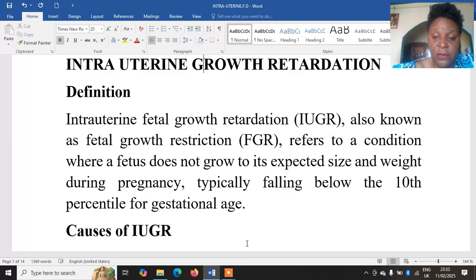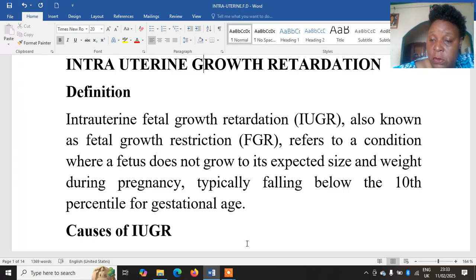For some of you who have gone to the hospitals, you have seen these abbreviations in the patient's file. So we want to understand why IUGR, and maybe the causes, and maybe the management and the repercussions of intrauterine growth retardation. So by definition, we define intrauterine growth retardation.